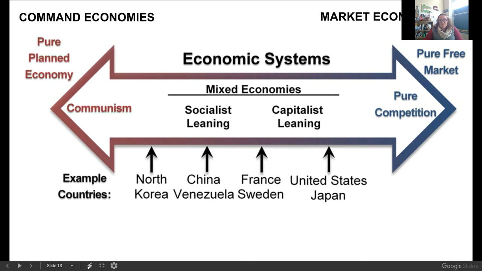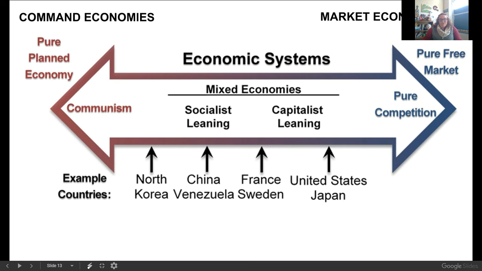We have some socialist programs, but for the most part, we tend to be more towards a free market economy. We lean more capitalist. Now, France and Sweden, which are some standards, Canada is also in there too, are more so in the middle, but they lean a little bit more capitalist.